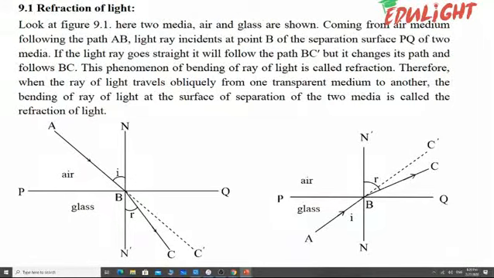That means the present syllabus of physics is not the same as the earlier one, and mostly the important topics of physics, especially in the case of refraction of light, have changed.